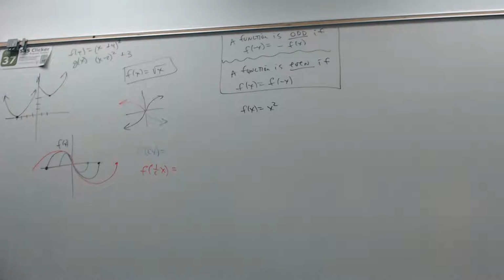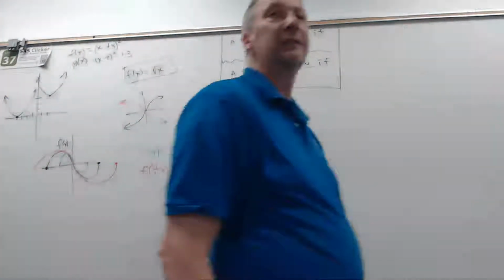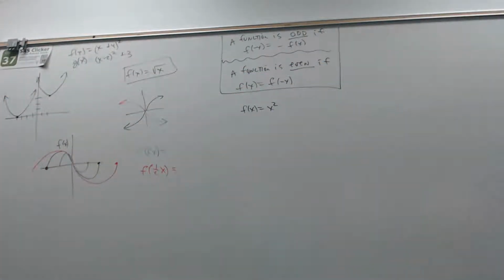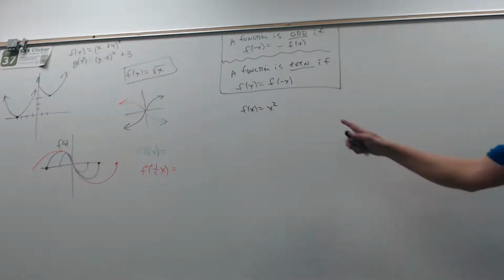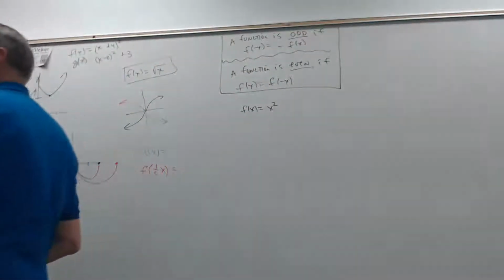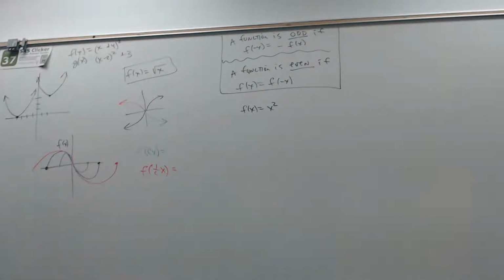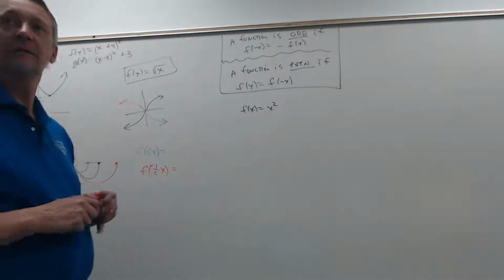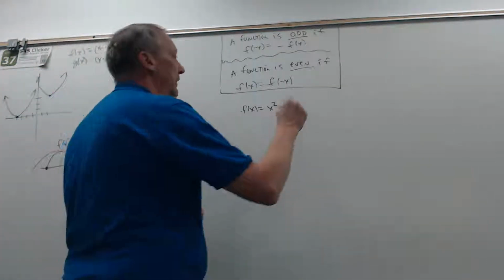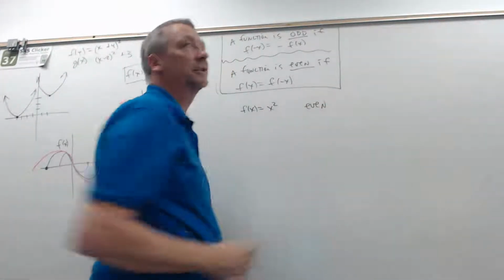Odd, even, or neither? Maybe multiple choice here. For f of x equals x squared, is that an odd, an even, or neither function? If I had to guess, I'd say neither. I'd guess even. I heard somebody else say even.